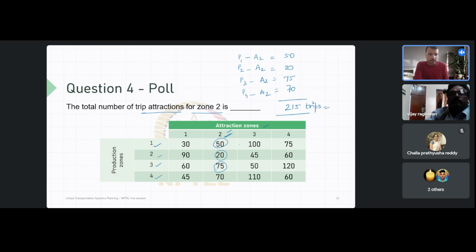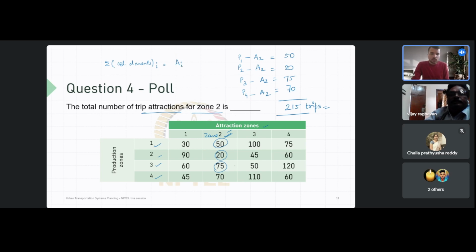So what we did basically was, we took zone 2 and whatever the elements in its column were, we added all of them together. So the summation of column elements for the ith column will give the attractions in zone i.